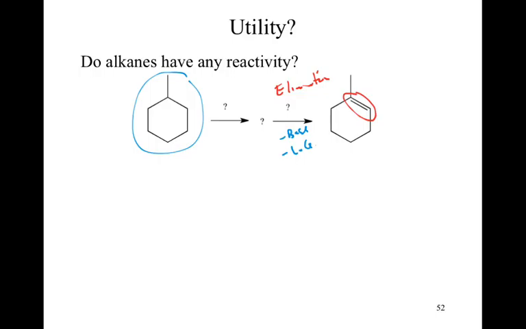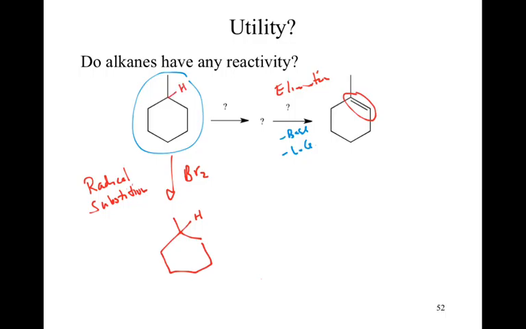I can react this with bromine under radical conditions, and what will end up happening is I will do a substitution, a radical substitution. And that radical substitution is going to substitute hydrogen for bromine, where I would generate the most stable radical intermediate, which in this case would be the tertiary location. So do I have a hydrogen at the, whoops, I should draw it up on the top one.